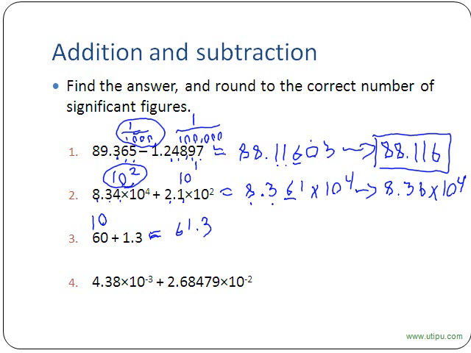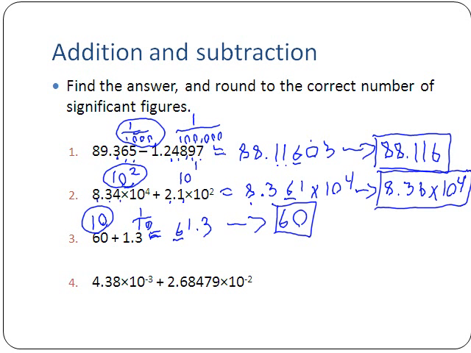For 1.3, the least significant place is going to be the tenths place, because it's the 3. And so which one is a less precise number? 10 is less precise than 1/10. And so we're going to go to the 10 spot. Since we're going to the 10 spot, that's going to be this guy right here. So the 1 rounds down, so we just get 60 for our final answer. And just to box this other one over here.